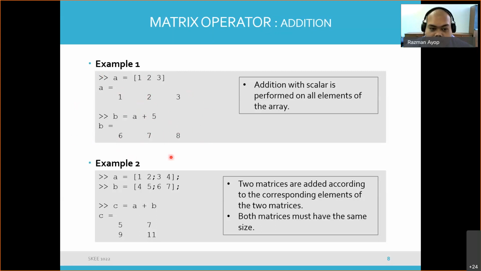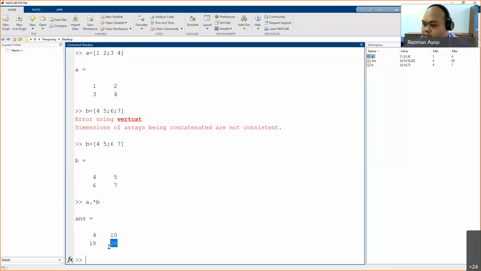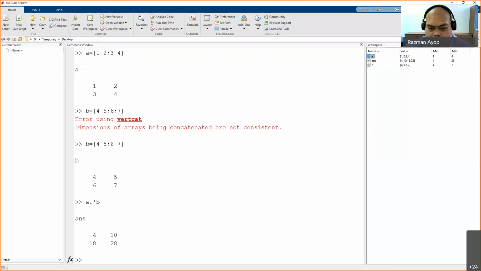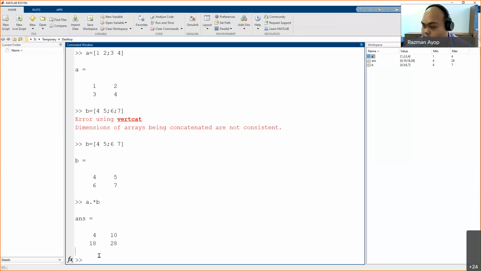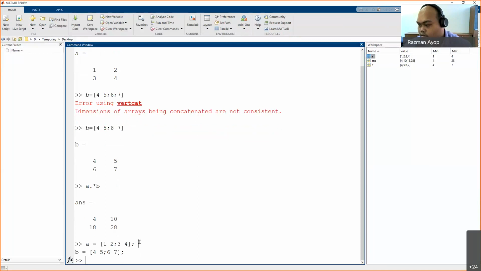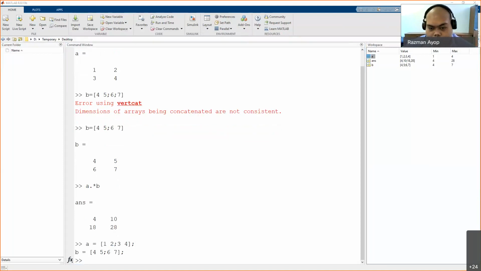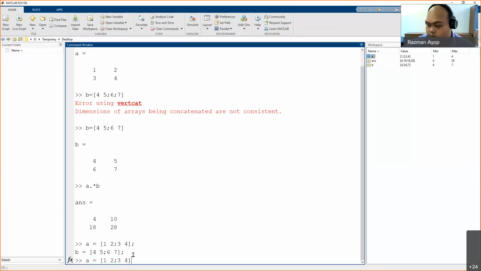You have to refer back to your knowledge in matrix. Same here: if you have A equals to 1, 2, 3, 4 and B equals to 4, 5, 6, 7, and you add them, let me show in MATLAB, it's much easier.